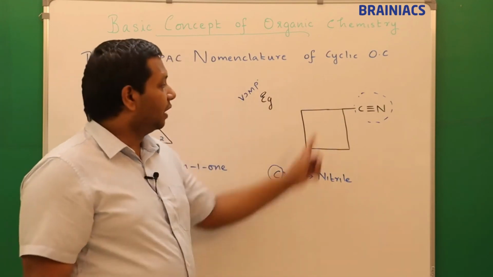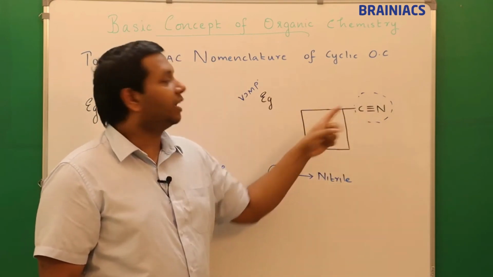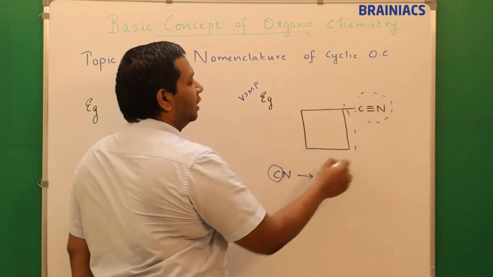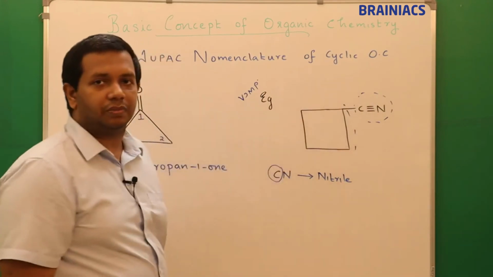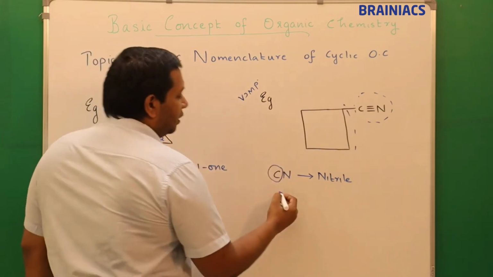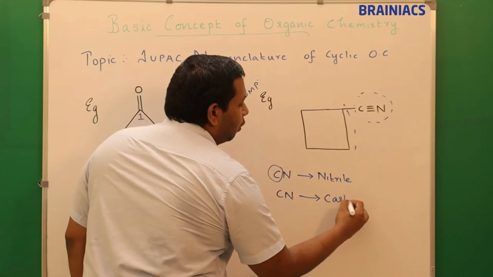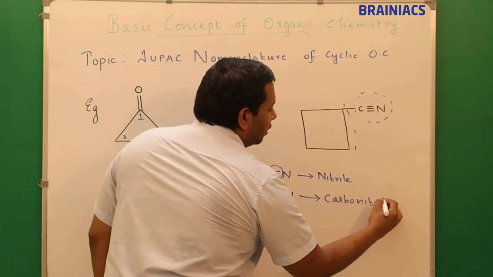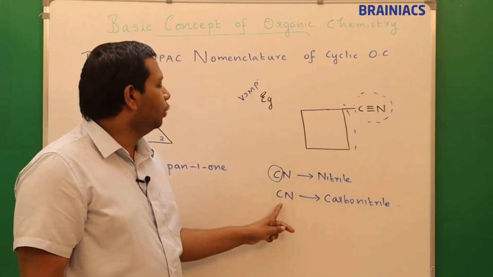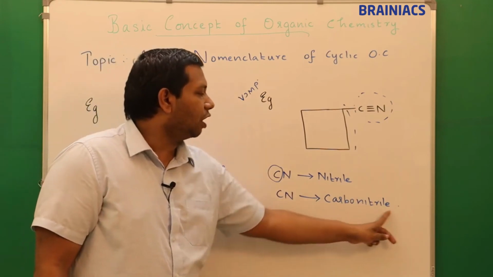But in certain special cases like this, where you cannot include this carbon in the parent chain, and we cannot even make a parent chain from here, we take the ring as my parent carbon chain, but without the carbon-containing functional group. In that case, they have told very clearly, we use the term carbonitrile. The logic behind the carbo is that this carbon is not included in the parent carbon chain. That is the reason why they coined the term carbonitrile.